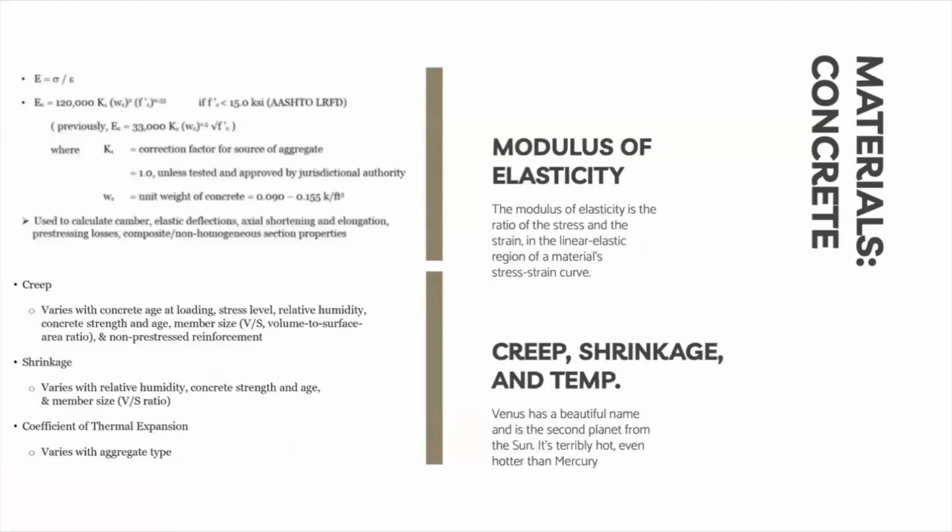So now we're going to talk about these qualities. The modulus of elasticity, representing the stress-strain relationship in the linear elastic region of a material stress-strain curve, varies with time for concrete.